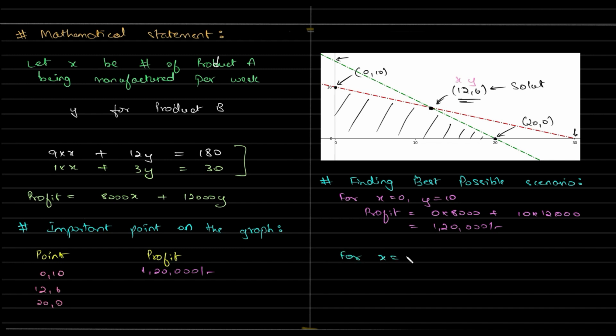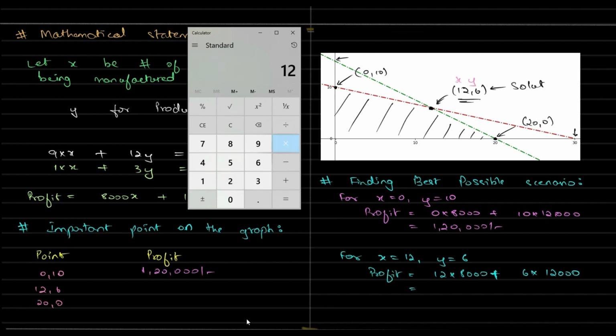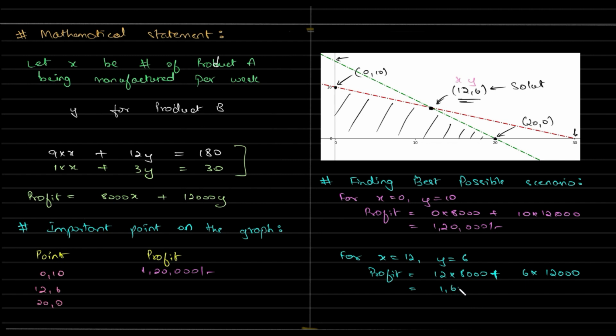For x equal to 12 and y equal to 6, the profit the company will make is 12 into 8,000 plus 6 into 12,000. So common is 12,000 and 8 plus 6 is 14. So 12 into 14 is, right, 1,68,000. Okay, so this is 1,68,000.